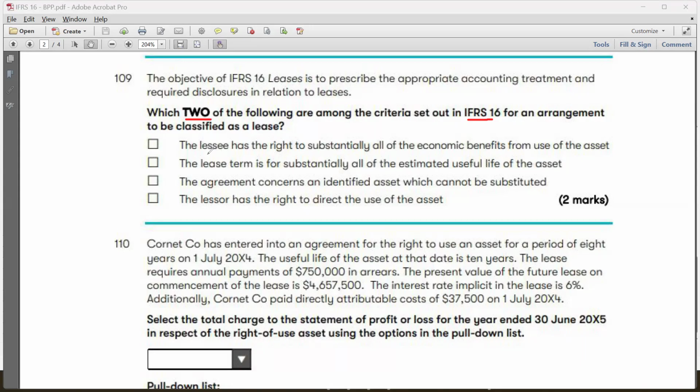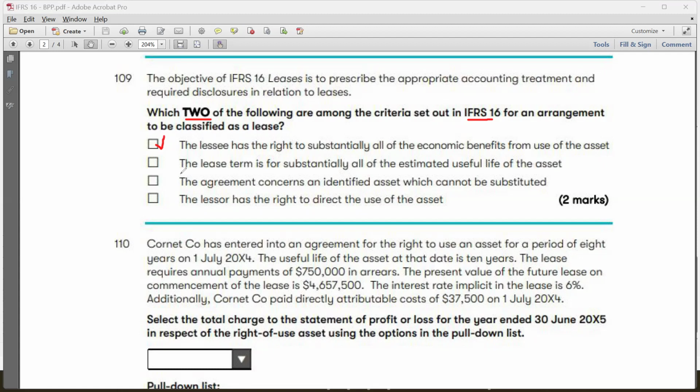The first: the lessee has the right to substantially all of the economic benefits from use of the asset. This is true in terms of a lease. The second: the lease term is for substantially all of the estimated useful life of the asset.